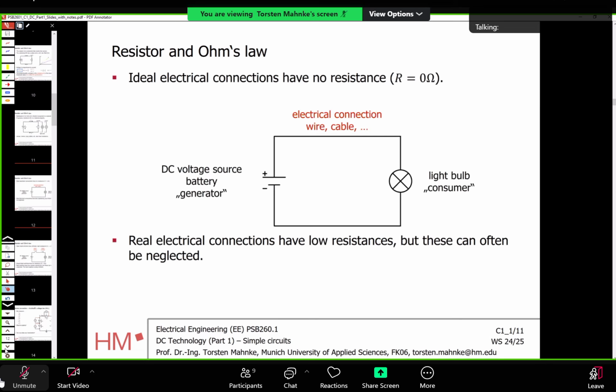Any connection has a resistance, but when we draw a circuit diagram like this one here on this slide, then we indicate that we are not really interested in the wire resistance, although the real wires have one. As long as we don't have a good reason for taking the wire resistance into account, we do not show it in the diagram, and we do not take it into account in our calculations in the circuit analysis.